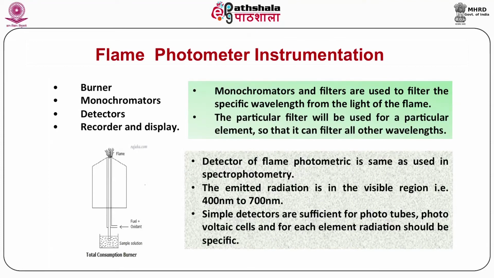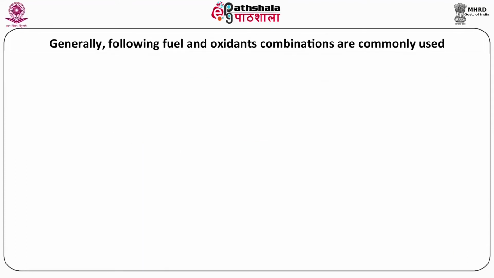The emitted radiation is in the visible region from 400 to 700 nanometers, and phototubes and photovoltaic cells are sufficient as detectors, and for each element the radiation is specific. We discuss the fuels and oxidant combinations which are commonly used in flame photometry.